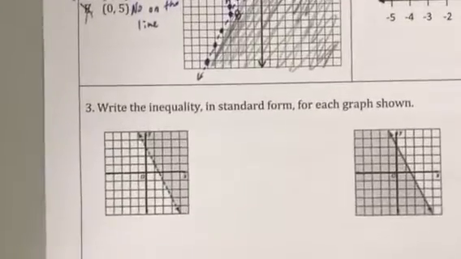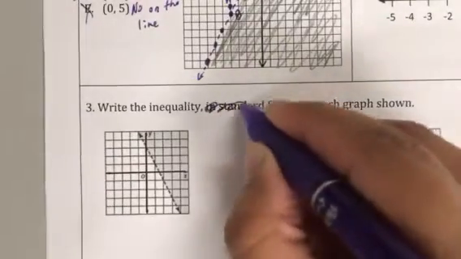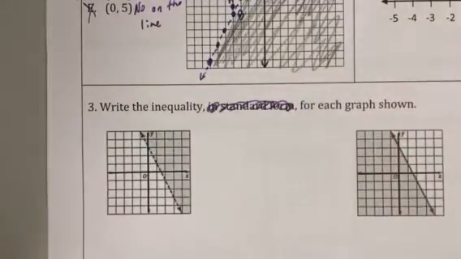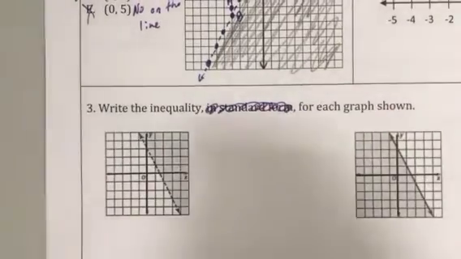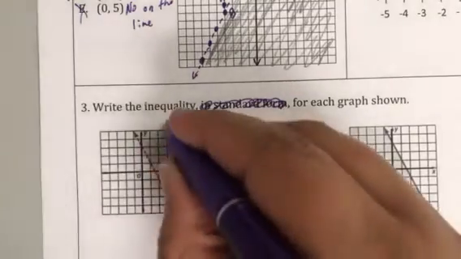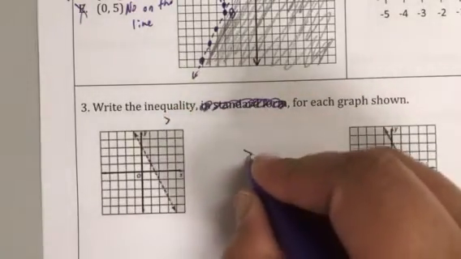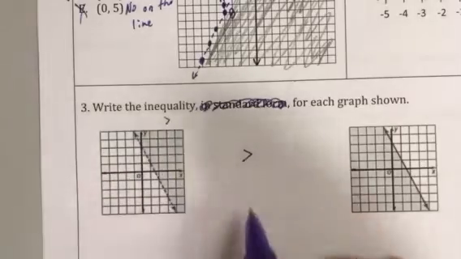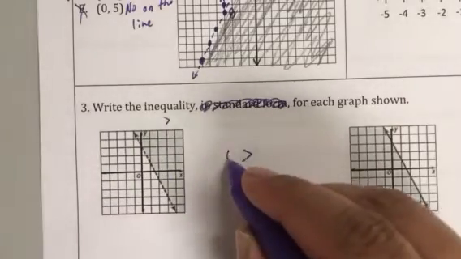Okay, number 3, yours actually says just to graph it, or to write the equation, not necessarily in standard form. Here's what I need you to know. This is shading above, so that's a greater than. So I need this symbol. This line is dotted, so I don't need a line underneath.